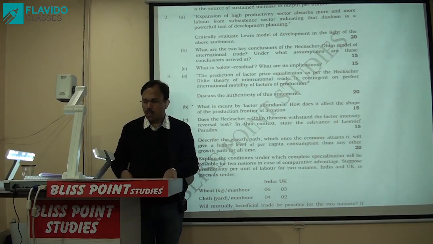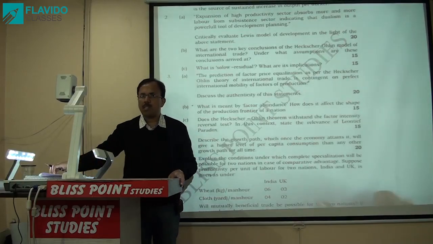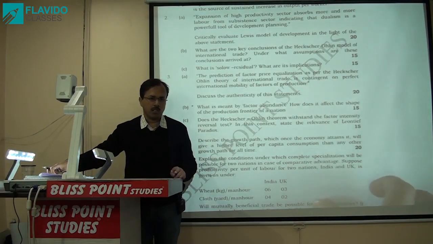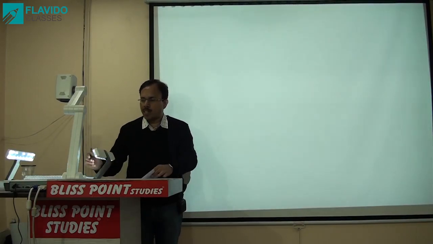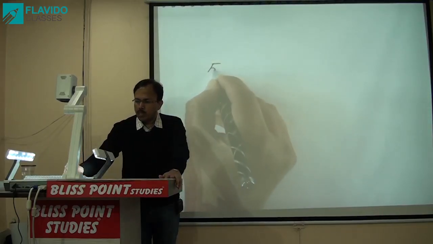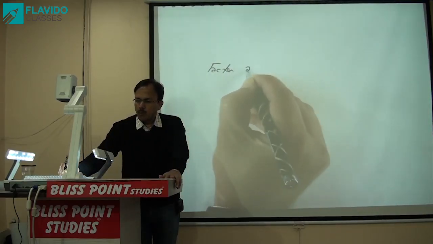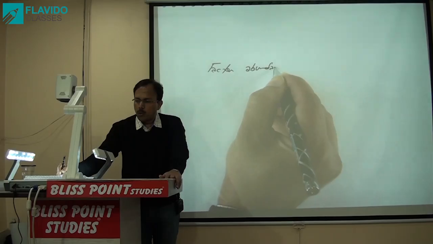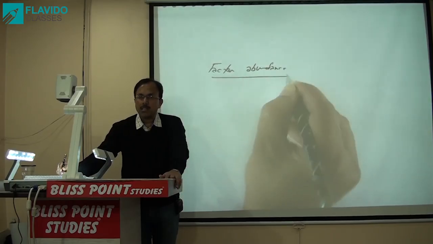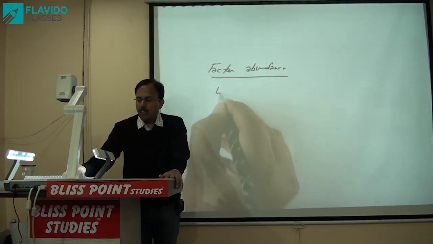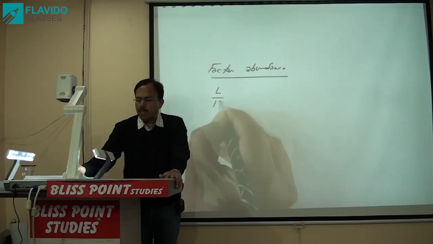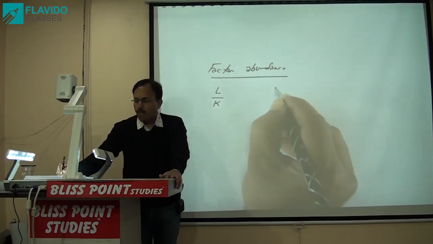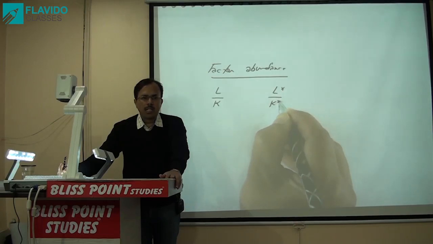In the HO model, factor abundance has been defined in two ways. When you say factor abundance, you are taking the labor capital ratio in the home country and the labor capital ratio in the foreign country.